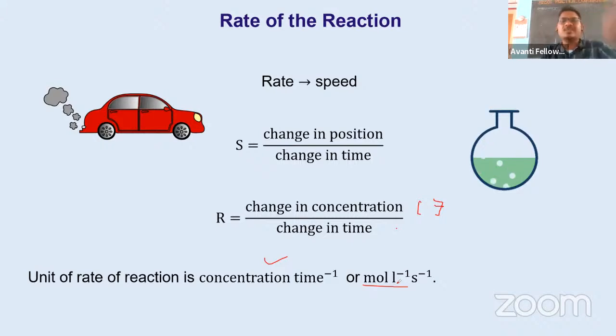You can take other concentration also, like kg per kg, but the convenient one is mole per liter. And time you can take hour, minute, second, anything, but conveniently we are taking second only, na? So that is why unit is concentration over second.